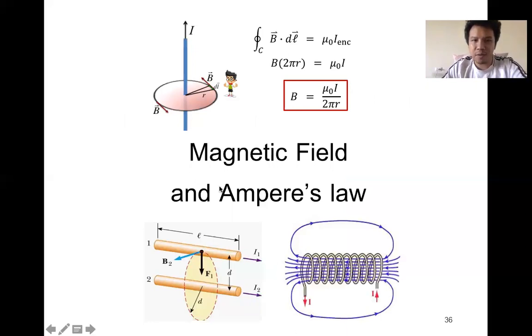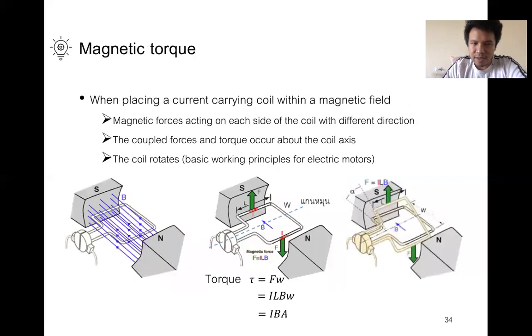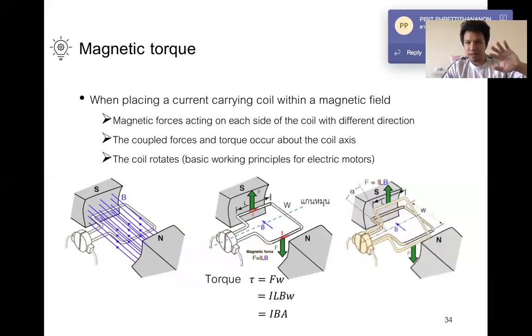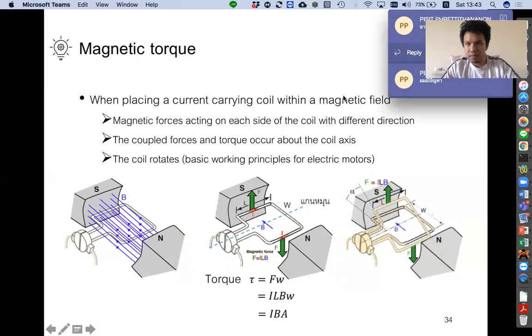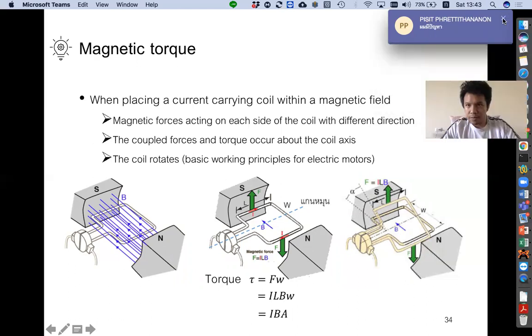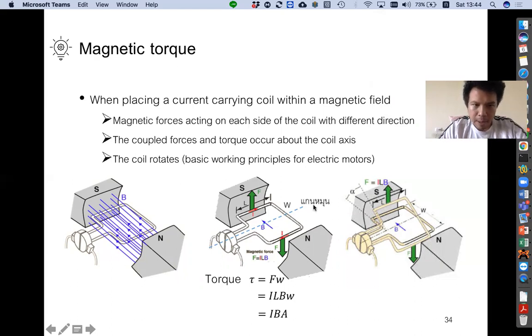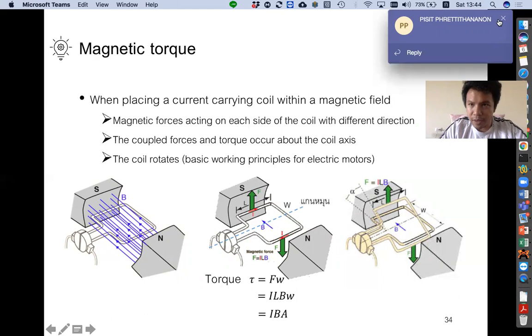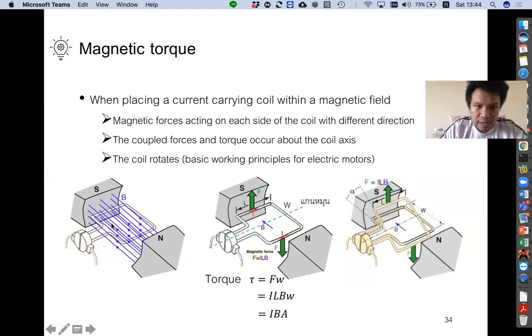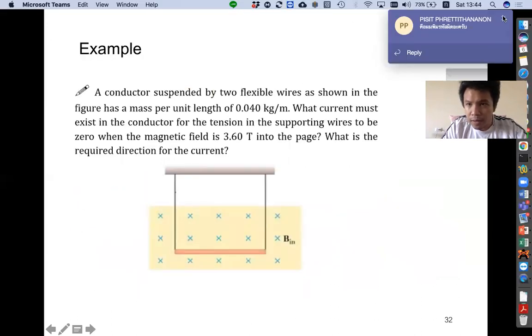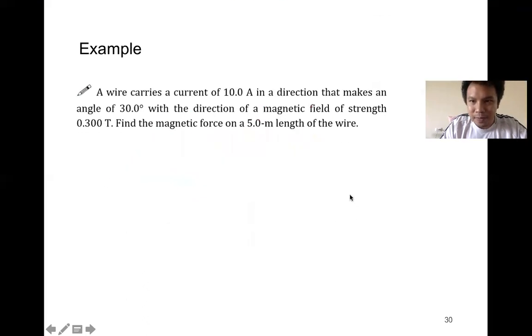So we come to the second part, about magnetic field and Ampere's law. As we can see from the first part, firstly we have the magnetic field, and we have the current flowing in the magnetic field, and then it will generate force.